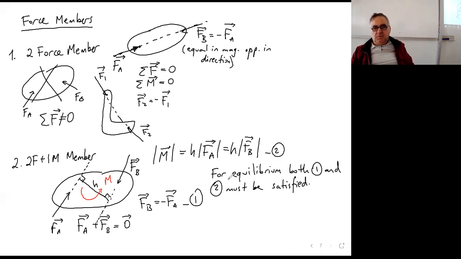They have to be both satisfied, otherwise you cannot have equilibrium. So if there are two forces, there has to be an external couple that counterbalances their couple effect, if you want static equilibrium on this body, otherwise it is not possible.